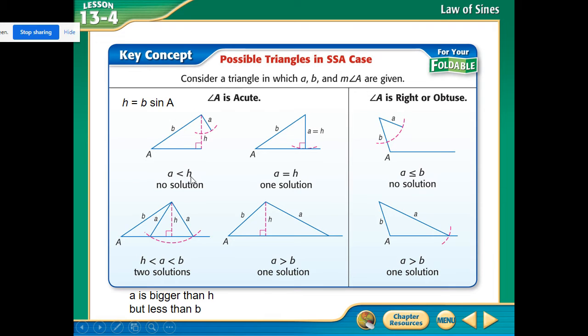If A is less than H, and what is H? H is B times the sine of A. That's this height here. It's the same kind of height that we use to find area of a triangle with the sine.